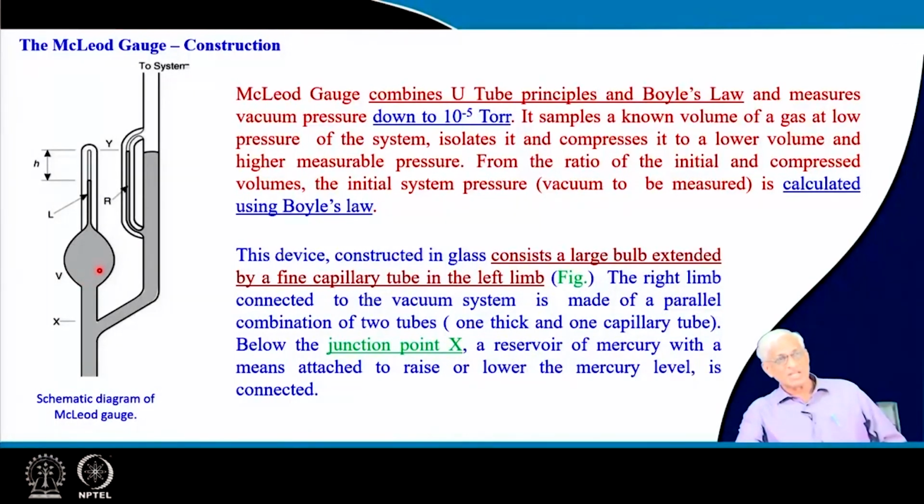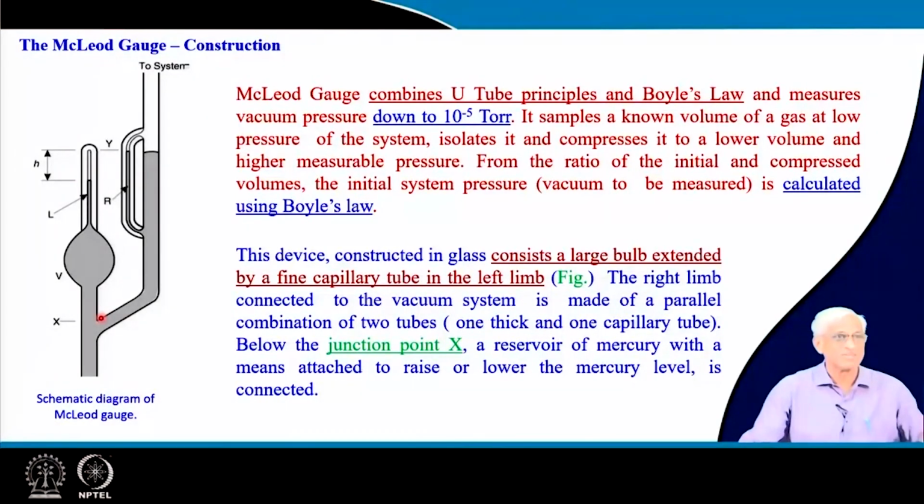Initial volume is V, initial pressure is the unknown pressure, and the final pressure is a measurable pressure because it is compressed. A pressure of 10 to the power minus 2 cannot be measured by a U-tube meter, but now we can measure it because that 10 to the power minus 1 is compressed 1000 times to almost 1/10 torr, and 10 torr is easily measured by the U-tube principle.